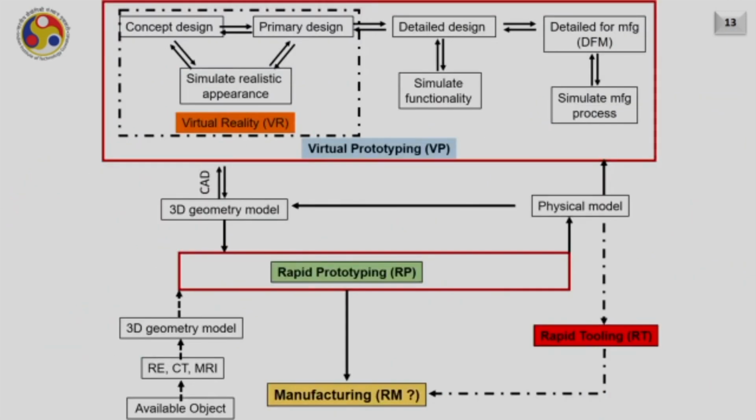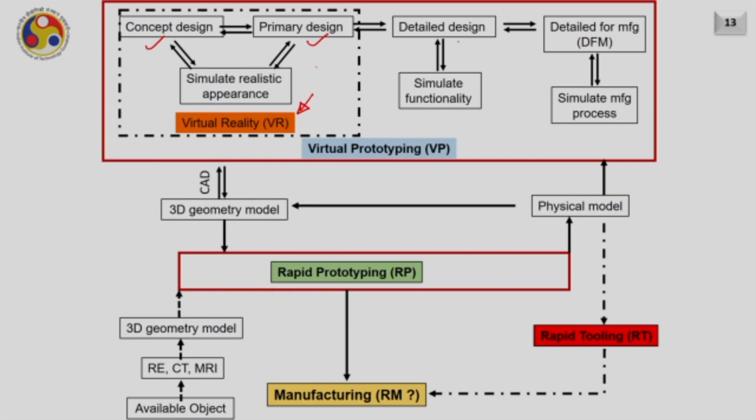This is the complete cycle of product development. Here you can see virtual prototyping, where the computers are involved. We start with the conceptual design, then we go for the primary design and do the simulation with realistic appearance, and all these iterations you usually do in virtual reality.